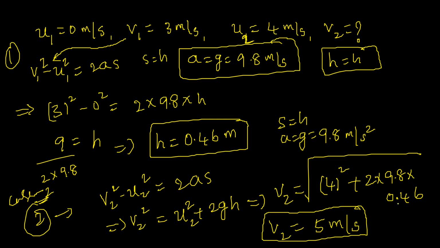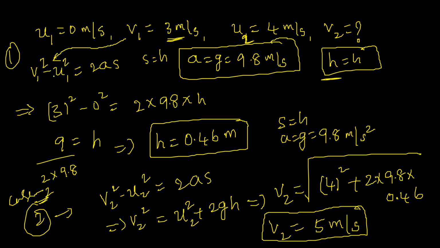So this is the process. Once again I'll explain. In the first case, the initial velocity u1 is 0 and the final velocity v1 is 3 meters per second. In the second case, the initial velocity u2 is 4 meters per second, and the final velocity we need to find out. In both cases the height is the same.